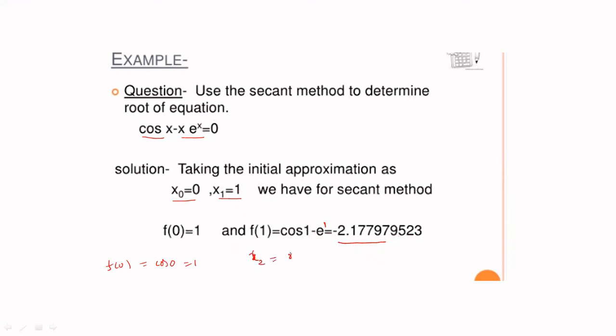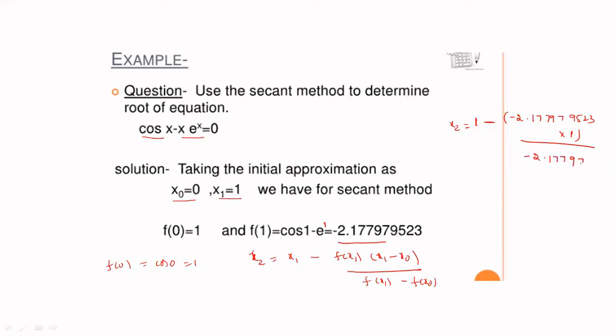Next we have to find out x2. What is x2? X2 is x1 minus f of x1 into x1 minus x0 by f of x1 minus f of x0. What is your x1 value? 1. So 1 minus, your f of x1 value is minus 2.1797523, into x1 minus x0, that is 1, divided by f of x1 minus f of x0.